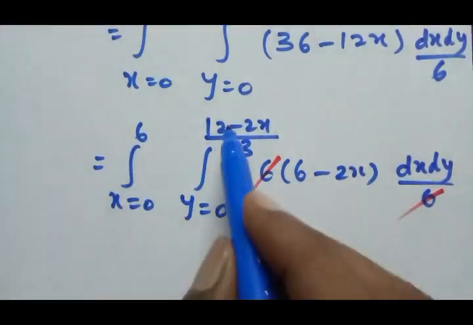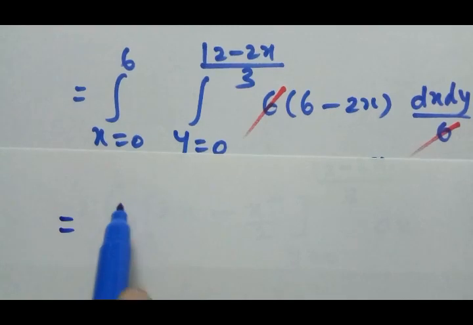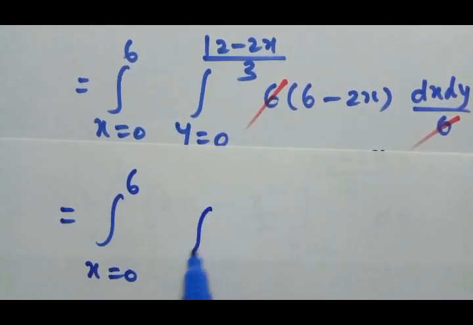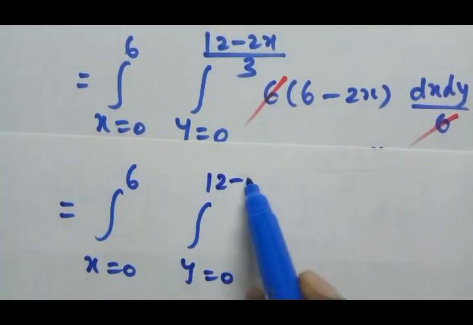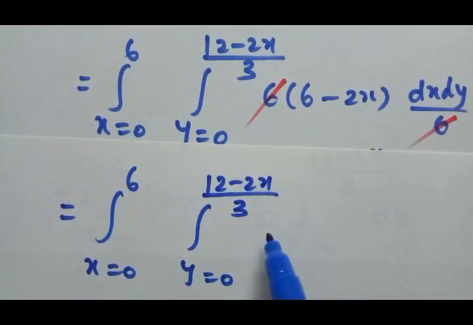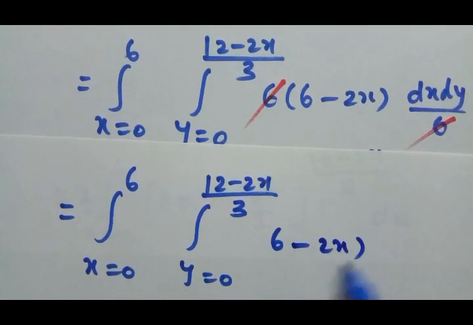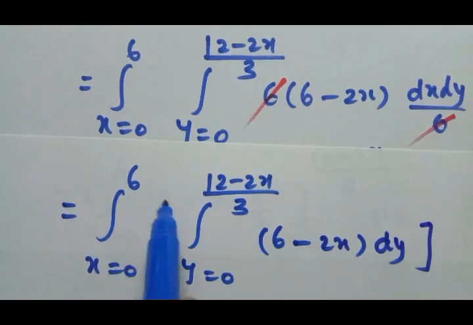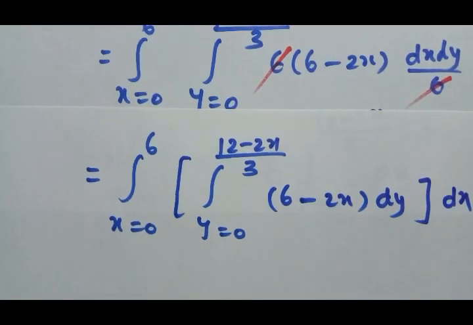Therefore, here we can integrate with respect to y. This is equal to integral x equal to 0 to 6, integral y equal to 0 to 12 minus 2x by 3, 6 minus 2x into dy into dx.